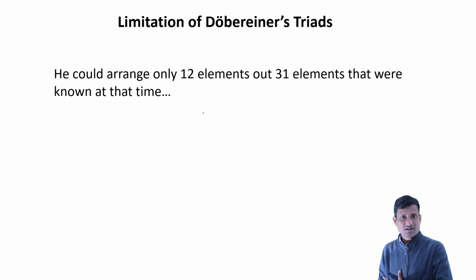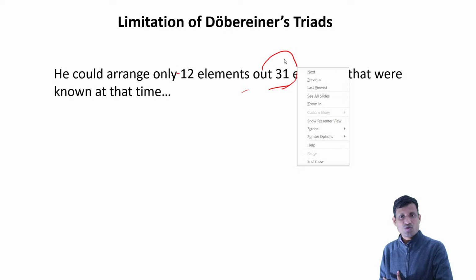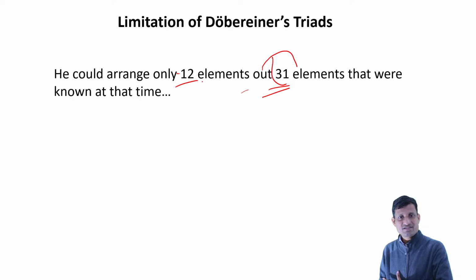At the time when Dobereiner started the work, 31 elements were known to us, and out of 31 he could arrange only 12 elements, that is, the four triads.